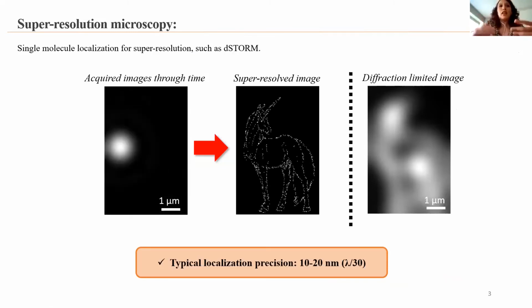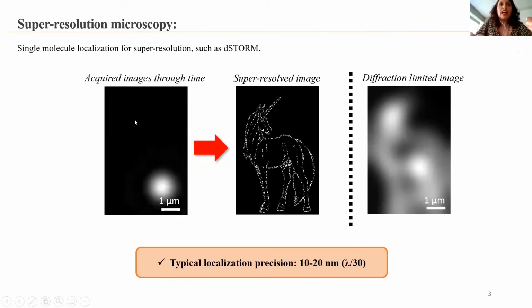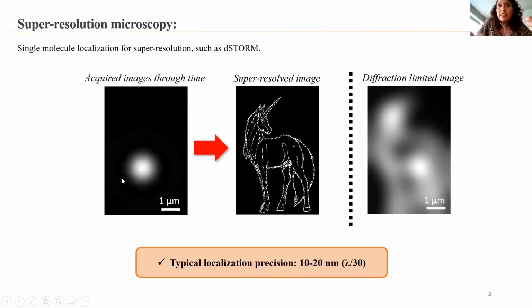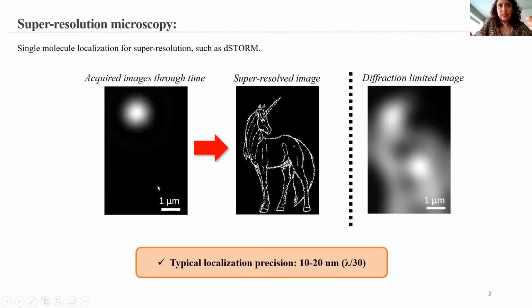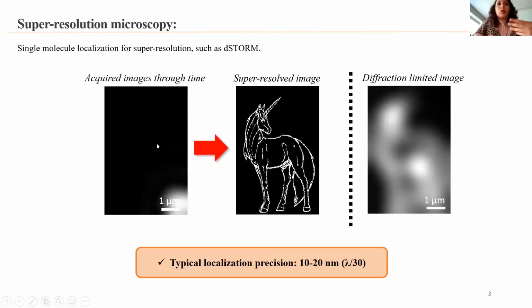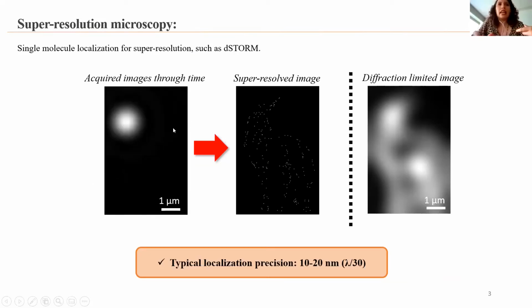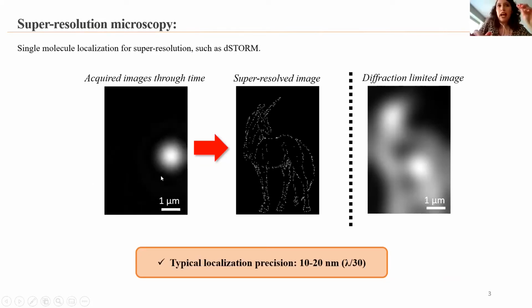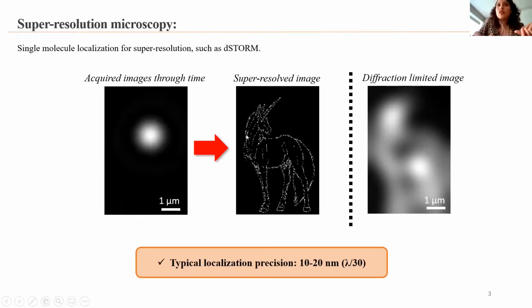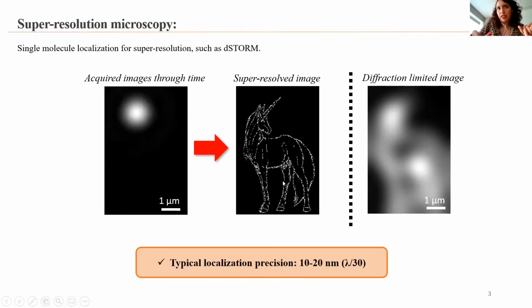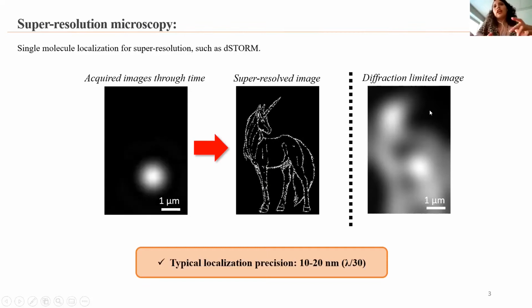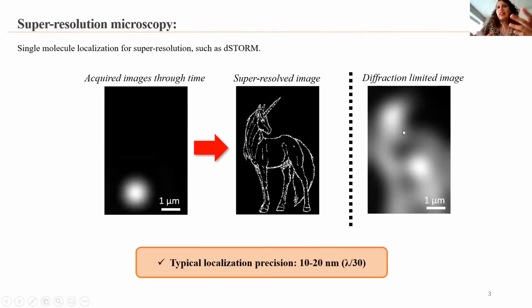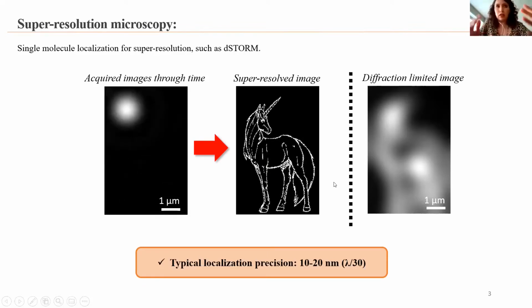But the way that we resolve that problem is by having the sparsity in time, using the blinking characteristic of the fluorescent nanobodies. So for each image that we make, different nanobodies will be emitting light, and therefore we can super resolve the image.